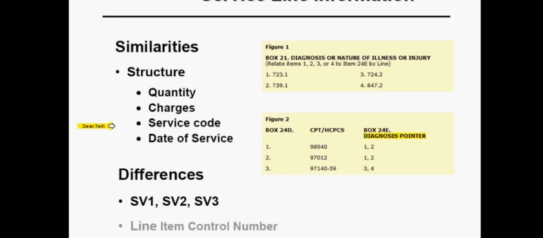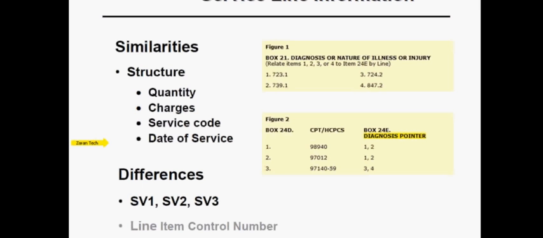That means the specific services your physician has provided. It could be medical, surgical, or diagnostic codes, or HCPCS codes. And then the different dates of service. So these are the components of the service information.